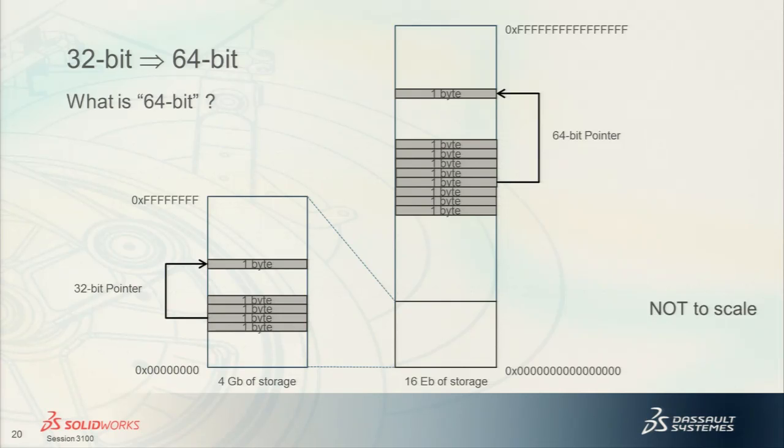So, graphically, and this is certainly not to scale, on the left-hand side is the 32-bit address space, and it fits somewhere in the bottom of the 64-bit address space. But as you can see, we now need 8 bytes to represent an address, so when we're working with data, we have to shove 4 more bytes around.